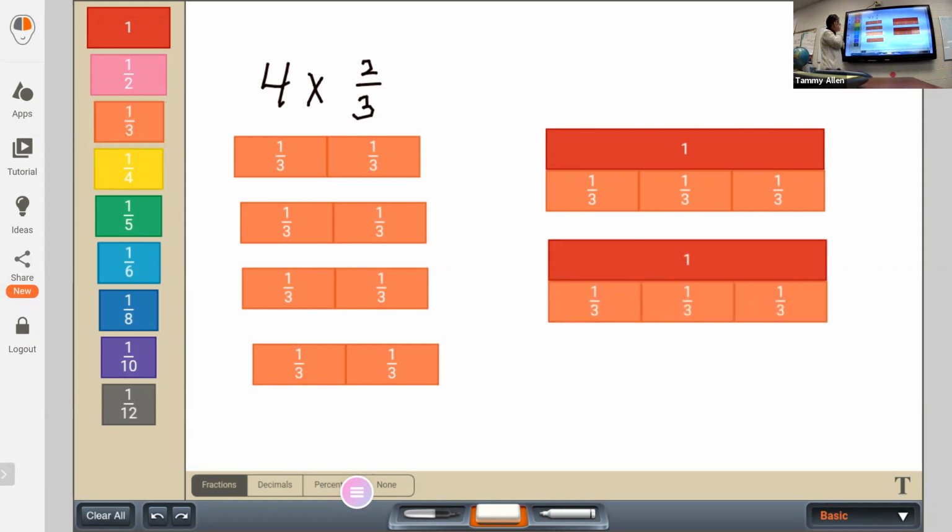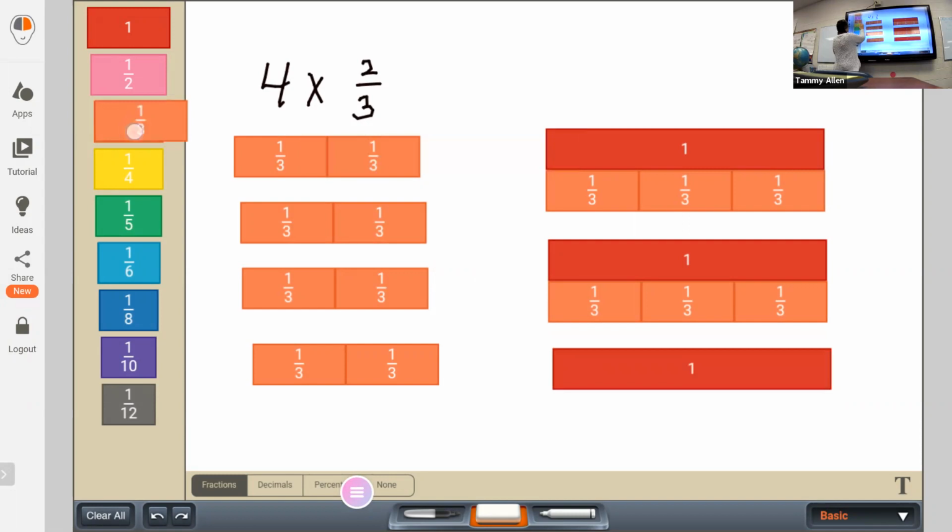Have we used up all of our thirds yet? How many more thirds do we have? Okay.